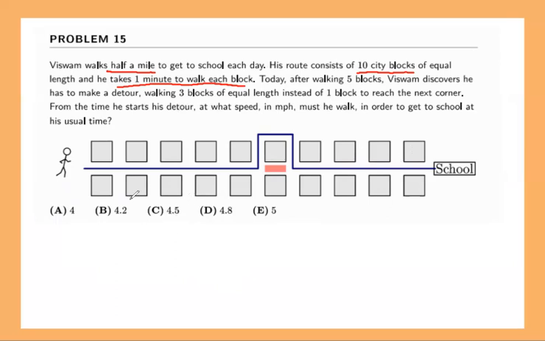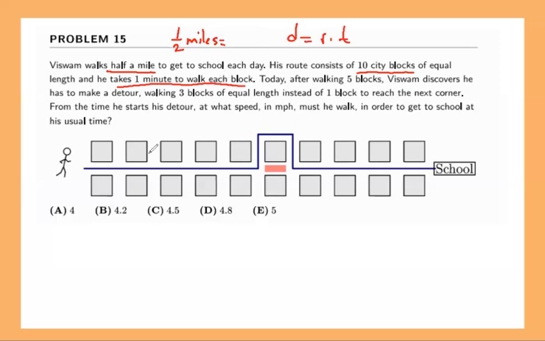Okay, so first things first, we know the distance equals rate times time, which we've seen a lot already. And we know the distance is 1/2 mile. We do know that he's gonna take 1 minute for each block, right?